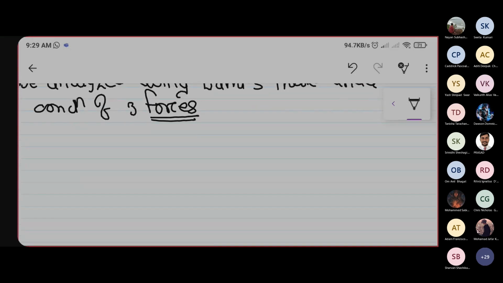What it states now, I will write the actual statement.